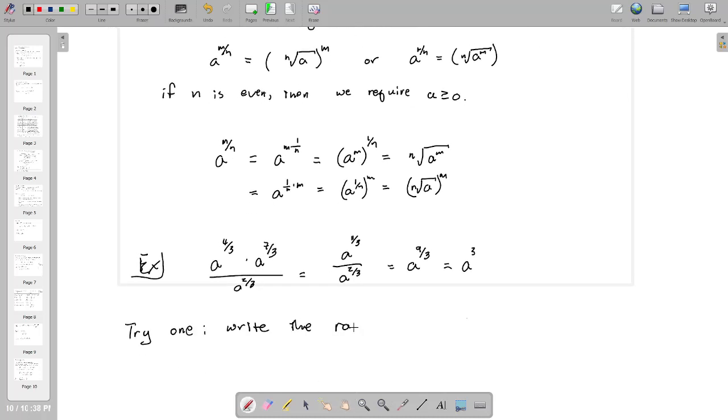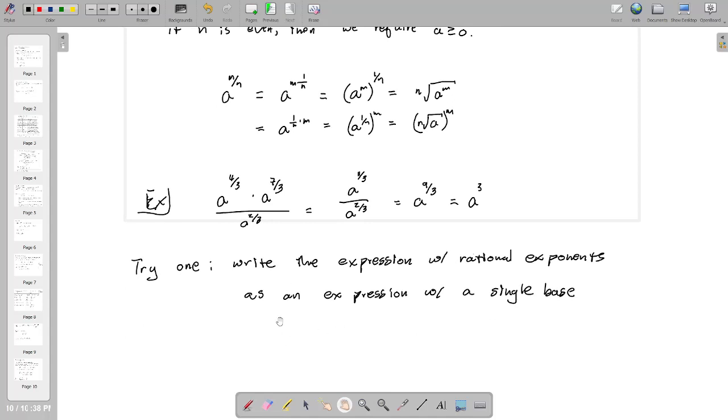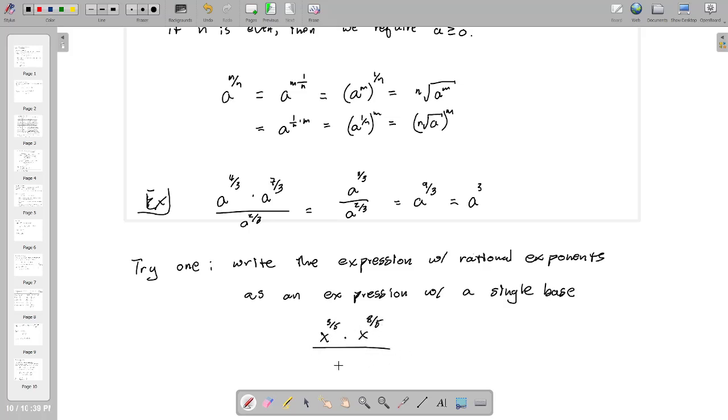Write the expression with rational exponents as an expression with a single base. Similar to what I just did in this example, write it as an expression with a single base, like x to the 3/5 times x to the 8/5 over x to the.